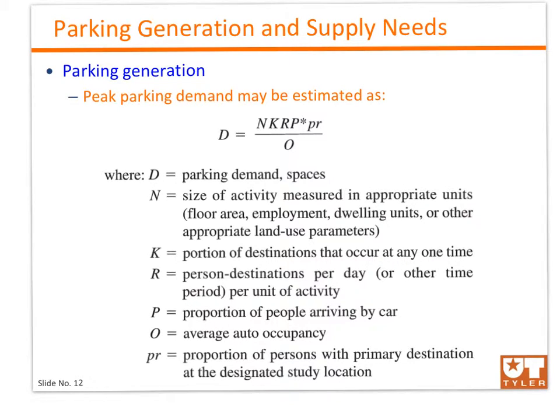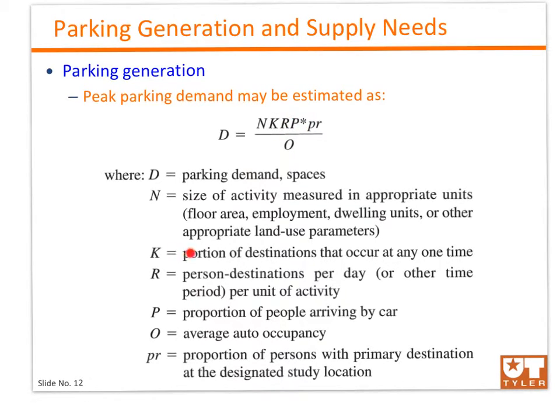Another parameter that we tend to be interested in obtaining is the peak. The peak parking demand can be estimated using this equation here. D is the parking demand, which is the number of spaces, parking spots. N is the size of activity measured in appropriate units, either floor area, employment, or dwelling units, and we're going to have an example in a second.